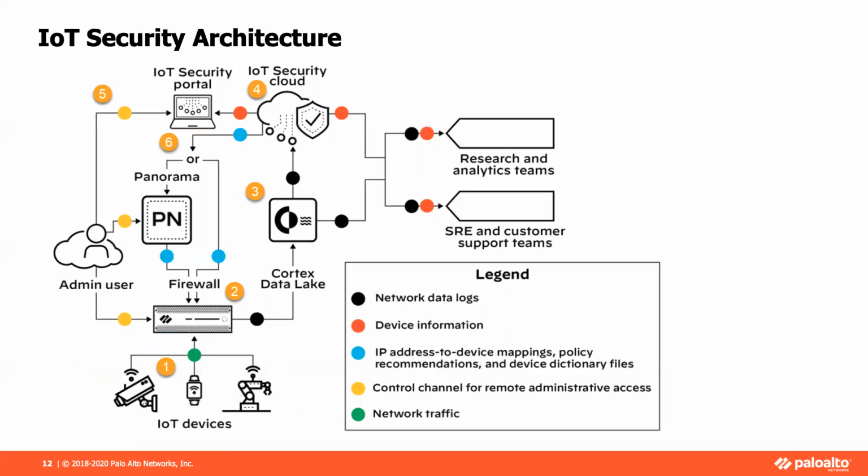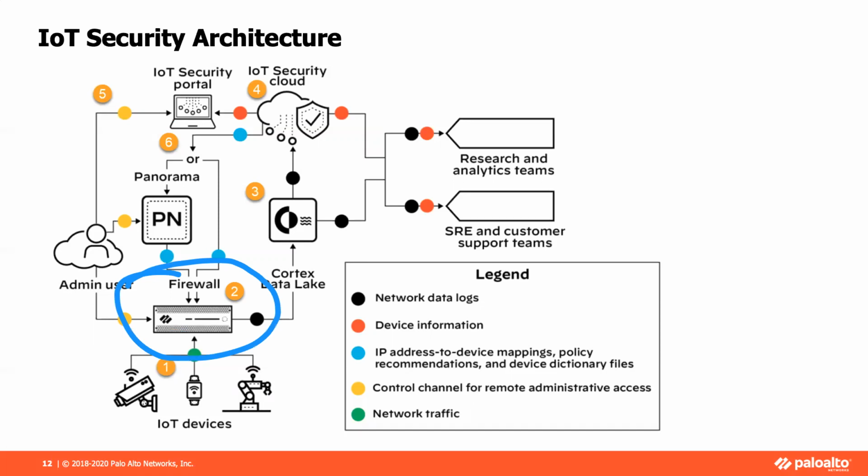This information is going to be collected by Prisma Access, security processing nodes, next generation firewalls, whether virtual or physical, other different signal collectors, other different security devices we see on the network.